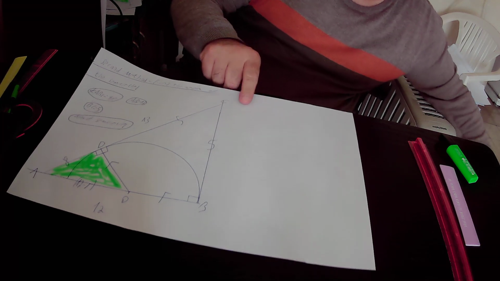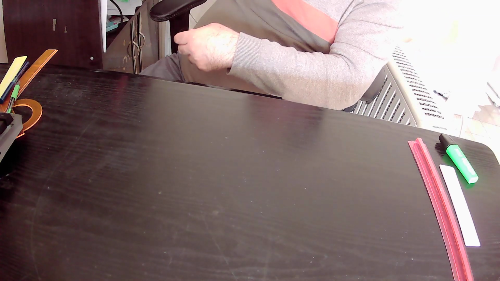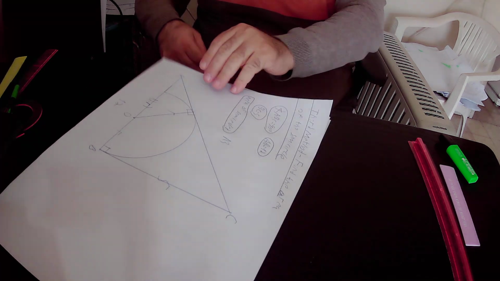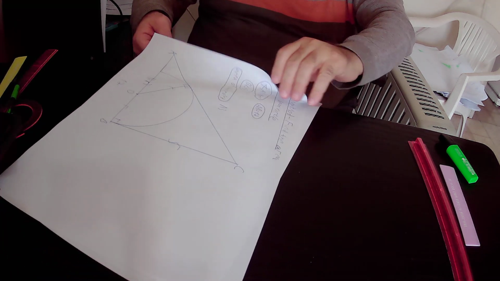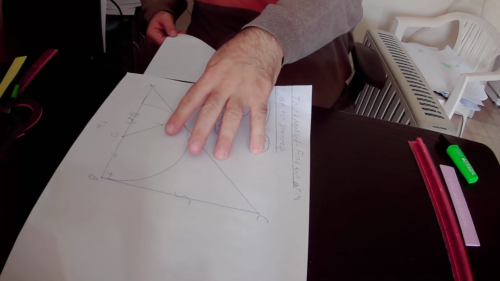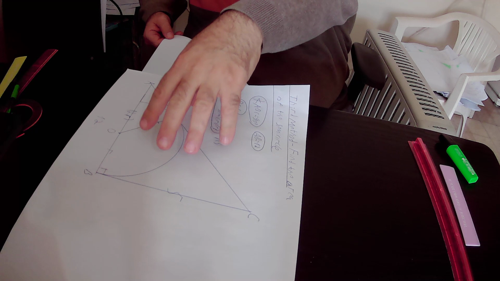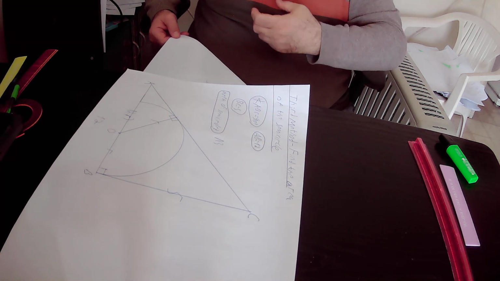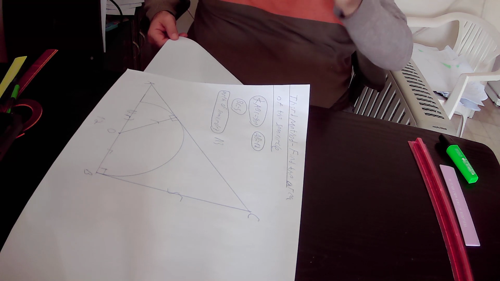Then I presented to you how to find the area of the semicircle according to a third method. In the third method, we drew a mirror image of this figure, and we combined this figure with its mirror image, and in this way we got a circle that is inscribed in a triangle.